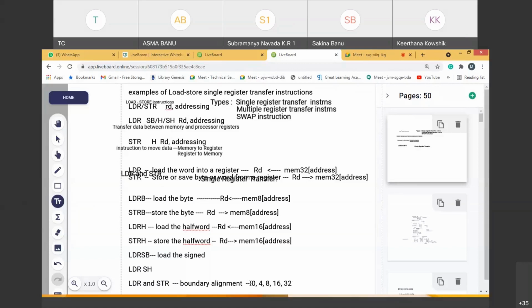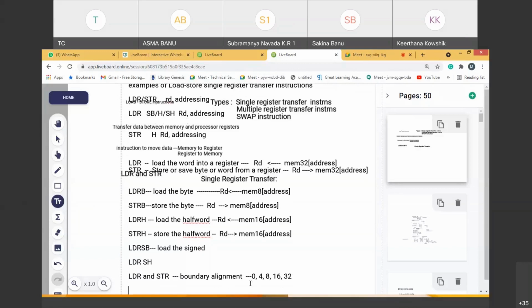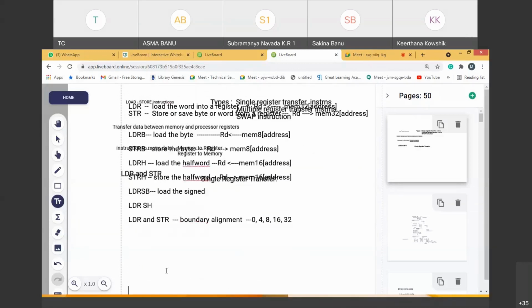Now if I ask you a simple question, I'll write an example with LDR R0, R1, and we will understand from it. The question: load from the memory address contained in the register R1.